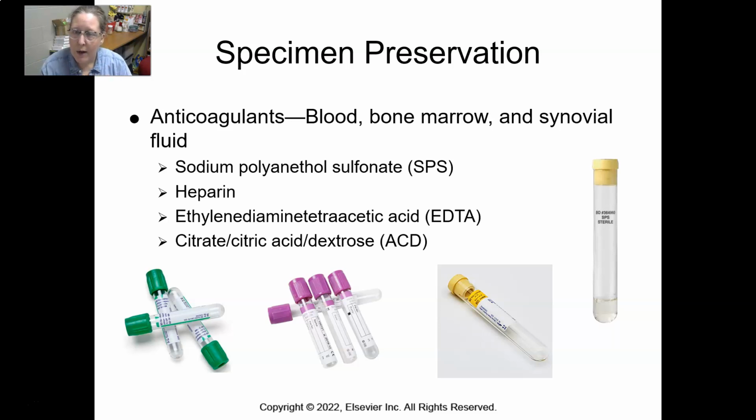And sometimes anticoagulants might be needed, for example, for blood or bone marrow or synovial fluid. So some of the common ones utilized are the sodium polyanethol sulfonate, or SPS tube, this one right here, heparin, which is our green top, EDTA, which is our purple top, and acid citrate dextrose, ACD, which is this other yellow.